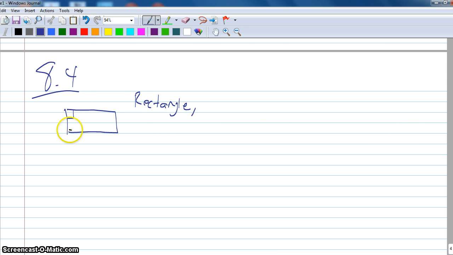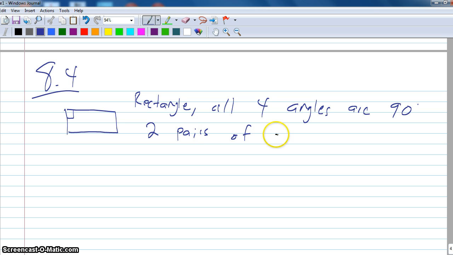Well, because it has 4 right angles and 2 sides are congruent and the other 2 sides are congruent. Not all 4 sides are congruent, so you'd have to put that. All 4 angles are 90 degrees and 2 pairs of congruent sides. You're not going to have a rectangle, obviously, but it's a question like that.